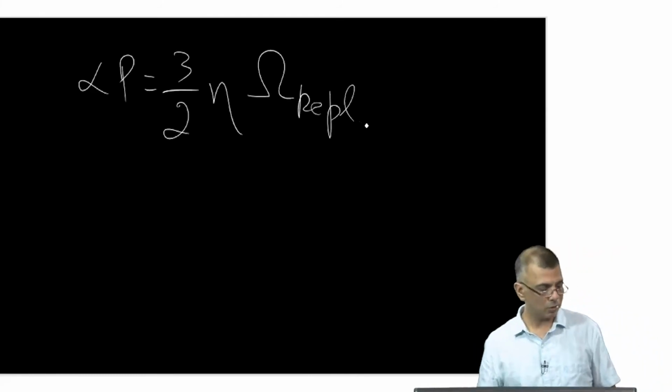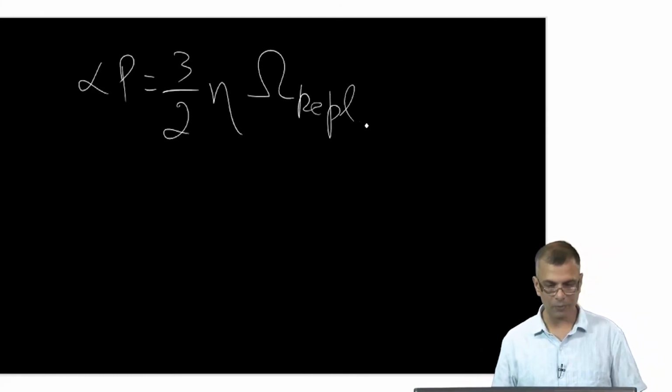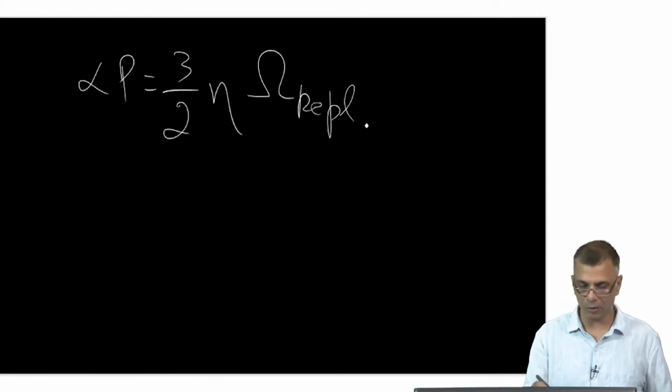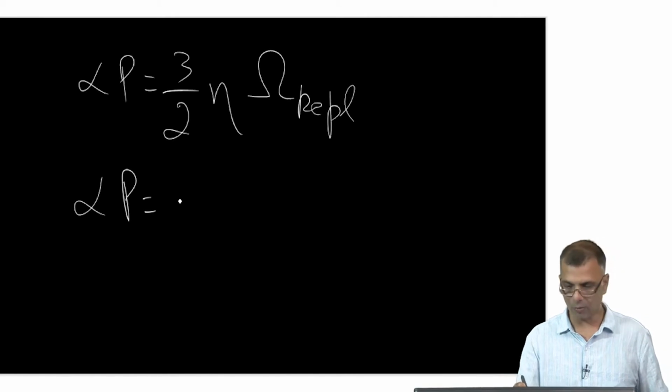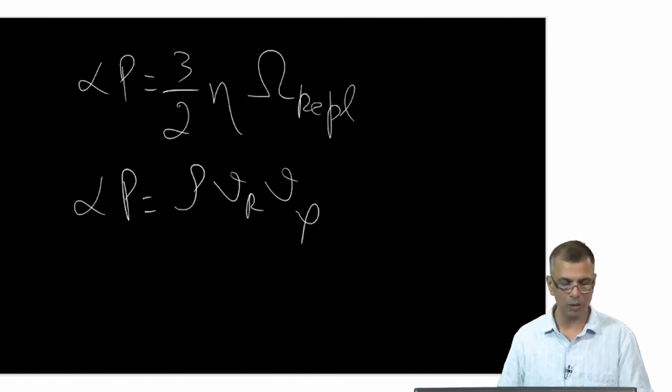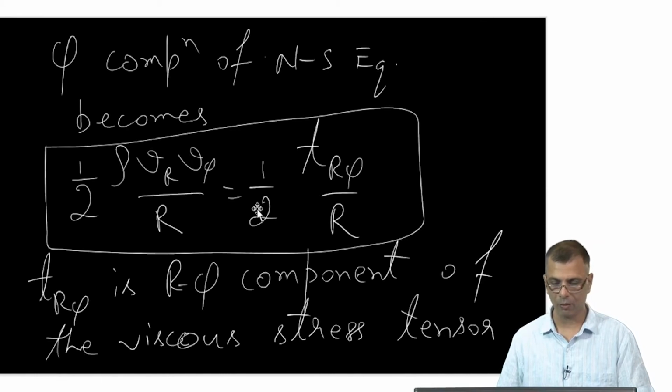Okay, so this is one very interesting thing, and then we also saw earlier that alpha p was equal to rho Vr Vphi. You remember this from here. This came from the basic momentum equation like this. Where did this come from?